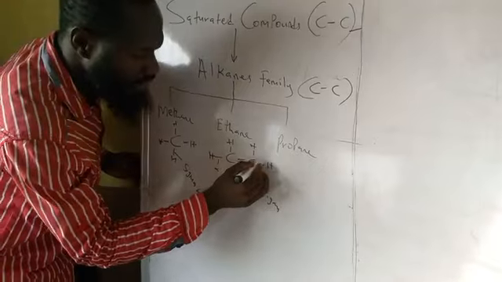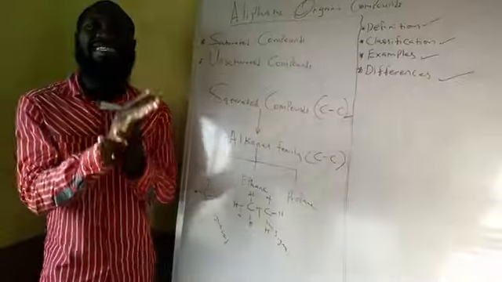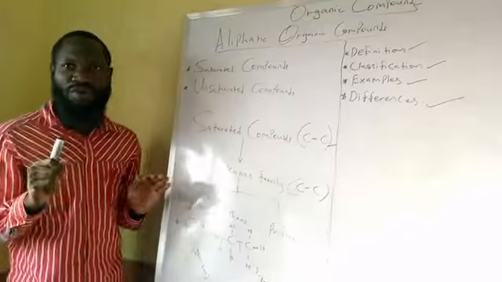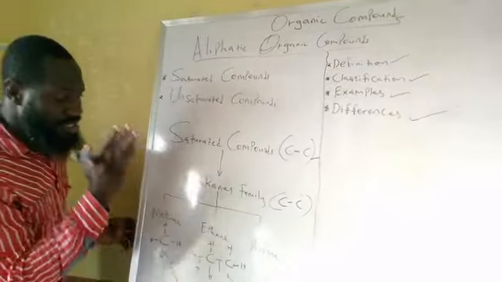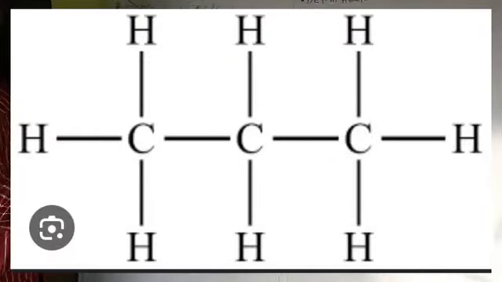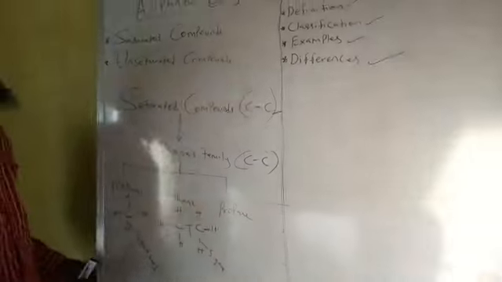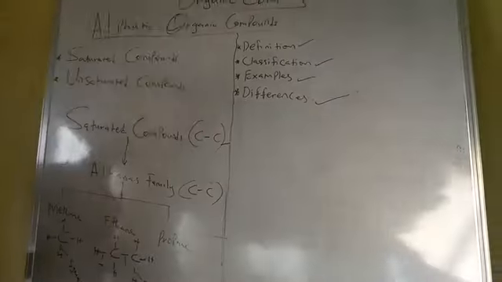So this shows that these sigma bonds cannot be broken. That is, it is saturated. From the word saturated, it is what? Saturated. We also have propane, also an example of a saturated compound, which contains 3 carbon atoms in a straight chain and also contains sigma bonds. So these are examples of saturated compounds.